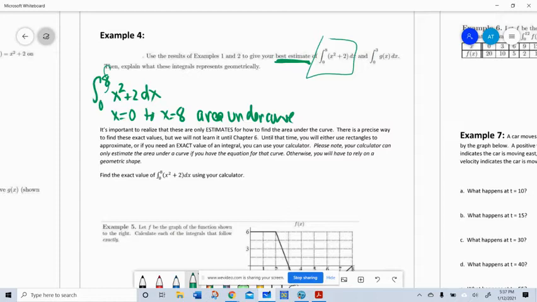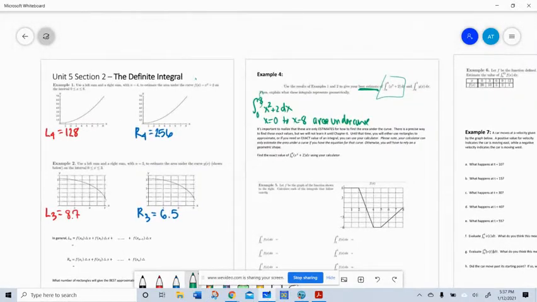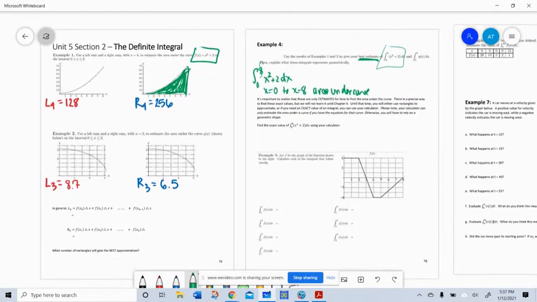We can't find this value exactly yet. We will be able to eventually. But that is the same equation that we had back here, x squared plus 2. We have a graph of it. And so what I essentially want to do is compute from 0 to 8 this area right here. That's what that integral sign means. The integral from 0 to 8 of x squared plus 2 dx represents the area under the curve from 0 to 8.